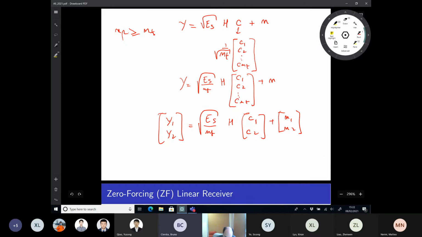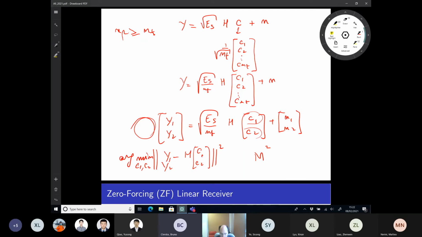If I do the joint, I'm going to have to compute y1, y2 minus H times c1, c2, and I take this and do the arg min over all possible c1 and c2, right? So my complexity will scale as M squared. What I want here is a complexity that scales linearly with M. So I'm going to have complexity M for c1 and M for c2. I just want to apply a combiner here so that I can simply decouple those two streams.